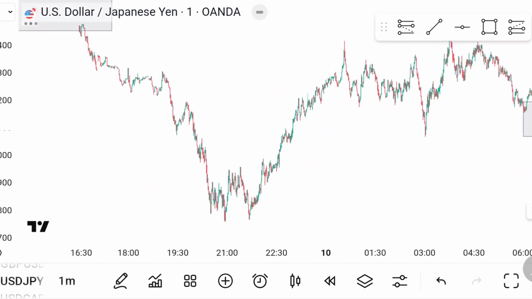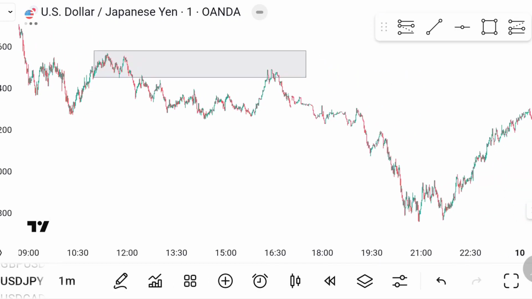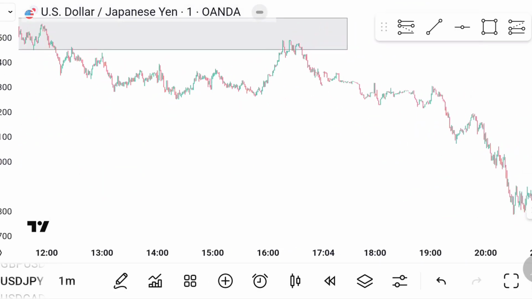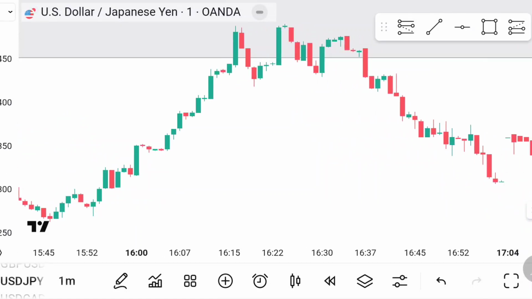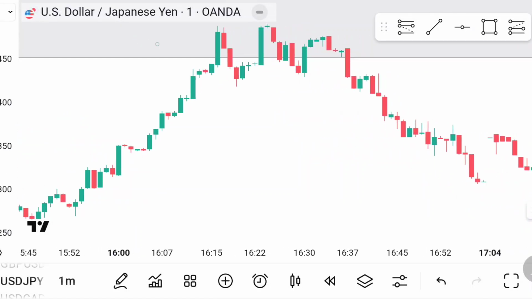So let us see another one. This is another example. In this example here, you see that the market came into the zone, and is there a break of structure? This is a structure here that was not broken by this, but this is a break of structure here.